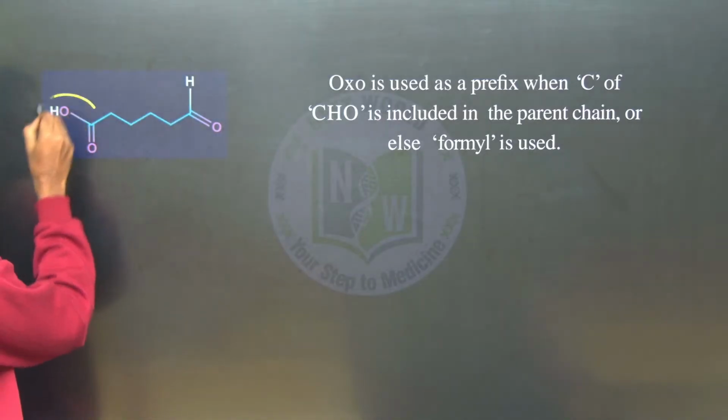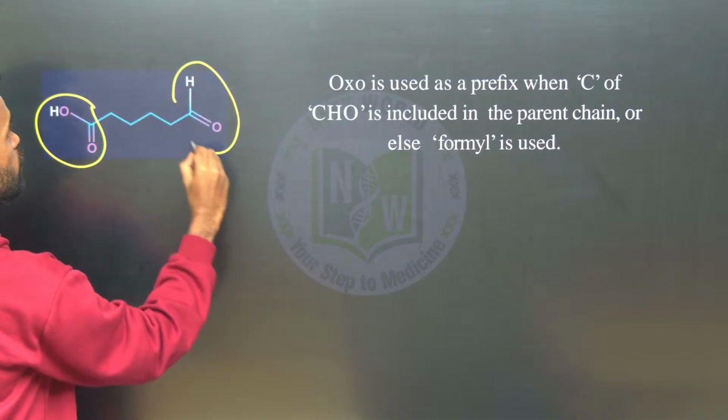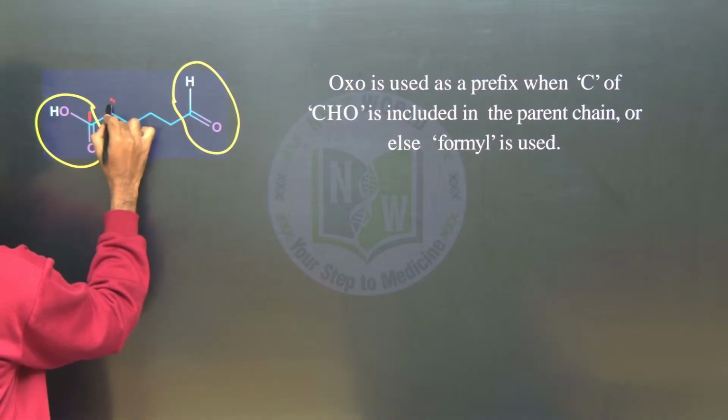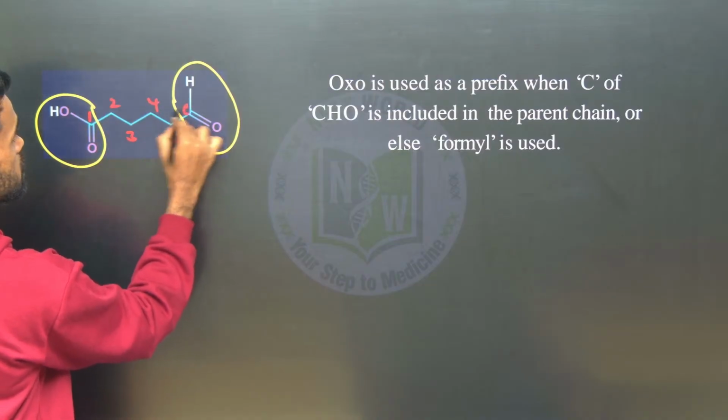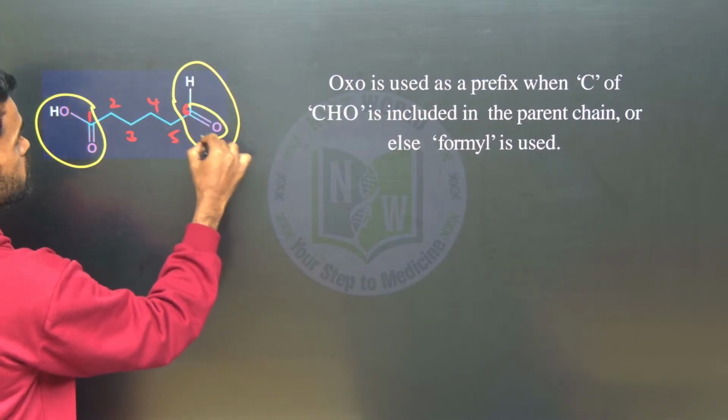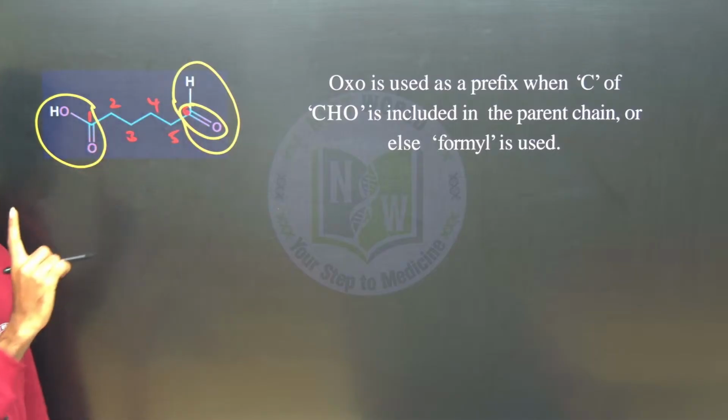6 oxo. This is carboxylic acid, this is aldehyde. Which functional group is more prioritized? Carboxylic. Clever student, starts from carboxylic acid. So 1, 2, 3, 4, 5, 6. Now tell me, the aldehyde functional group is also counted in the parent chain.